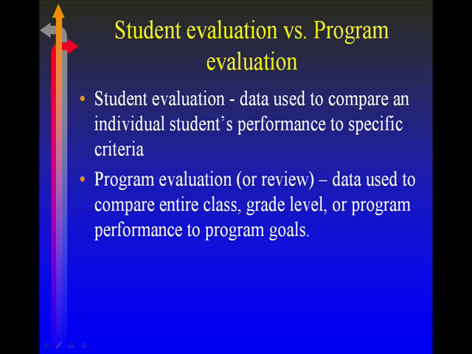We can use either term, but typically it's going to be the program goal that you have written in your curriculum. How are the students as a whole meeting those program goals? So again, student level is individual students, whereas program level compares the entire class, grade level, or whole program to your program goals.